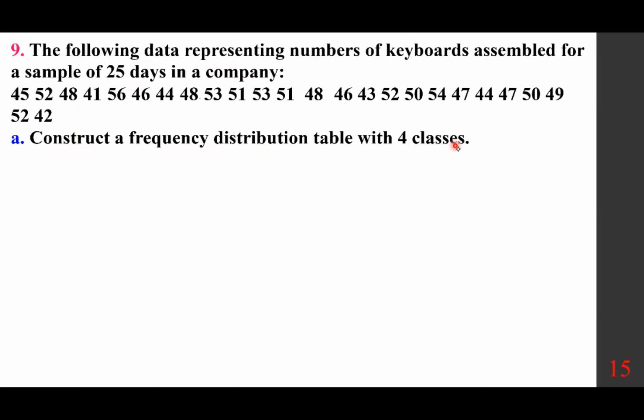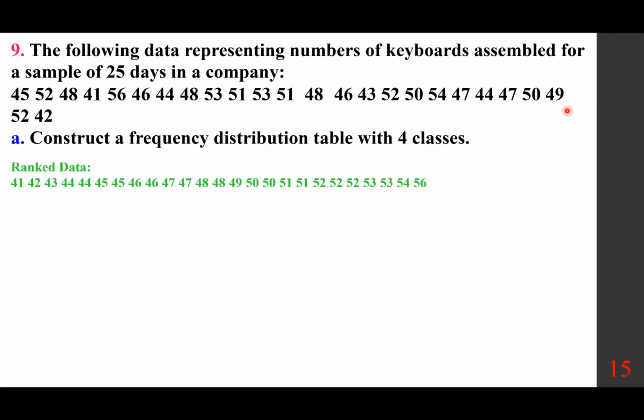Excellent. All right. First and foremost, we are going to rank the data from smallest to largest. Looking like that. The smallest one is 41, the largest is 56. We want 4 classes. The width roughly is the range over the number of classes.